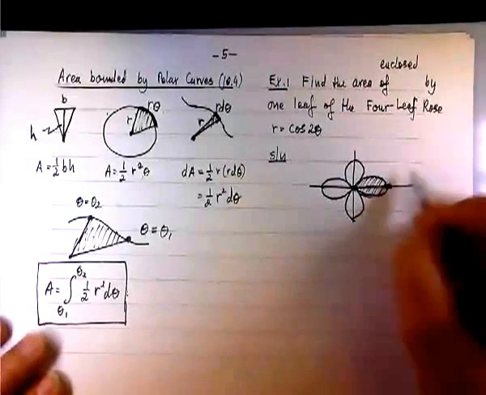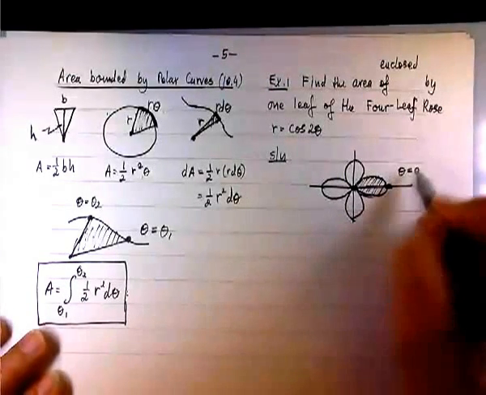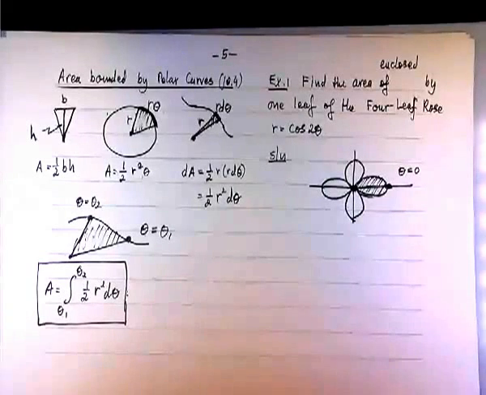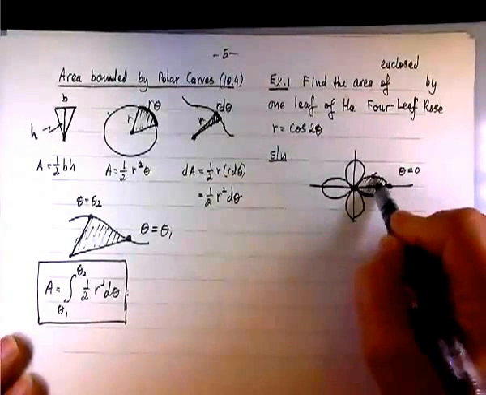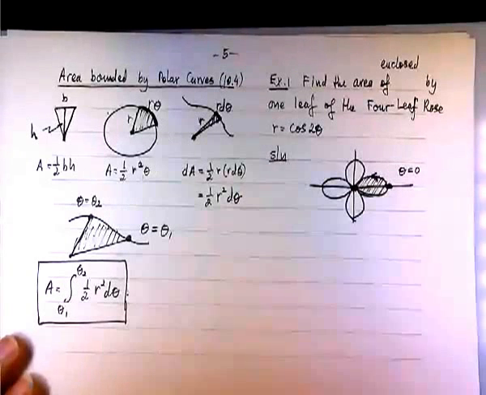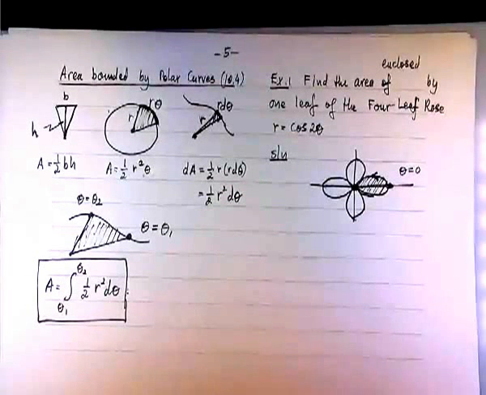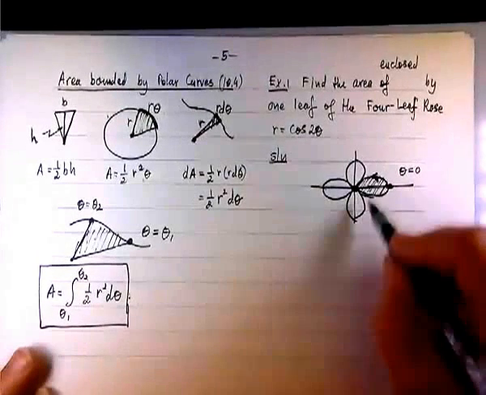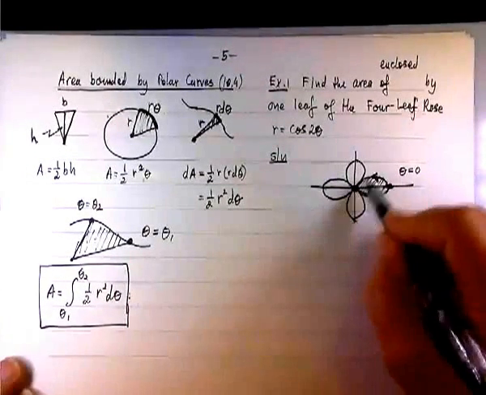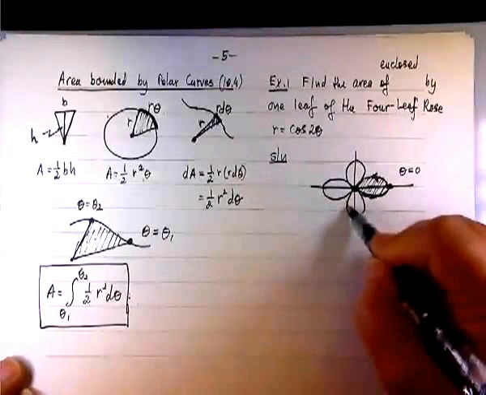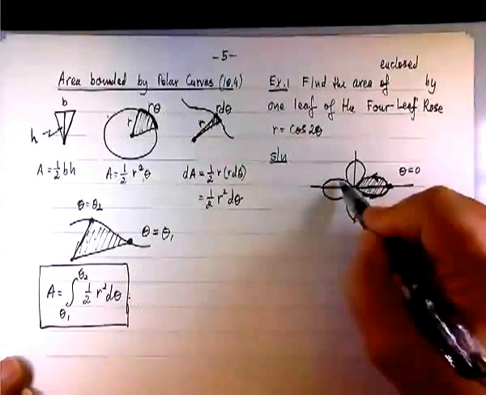Why do I want to do it? Because I know that this point corresponds to theta equals 0, and also we discussed the value of theta at the pole, right there. We said it's pi over 4, 3 pi over 4, 5 pi over 4, 7 pi over 4. What values will we take in particular if I'm looking at it as I travel like so?